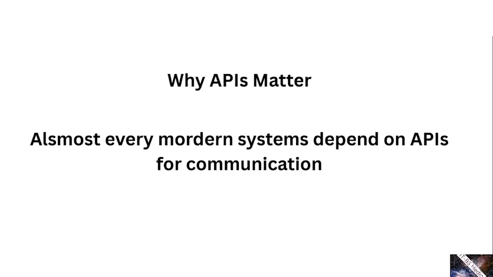So almost every modern system depends on APIs for communication. I've mentioned mobile apps. The banking systems use APIs because sometimes they need to fetch information even outside of the banking system network. For example, let me give you a scenario. You applied for a loan from a bank, and the bank wants to run your credit check. The bank is not in possession of your credit score.